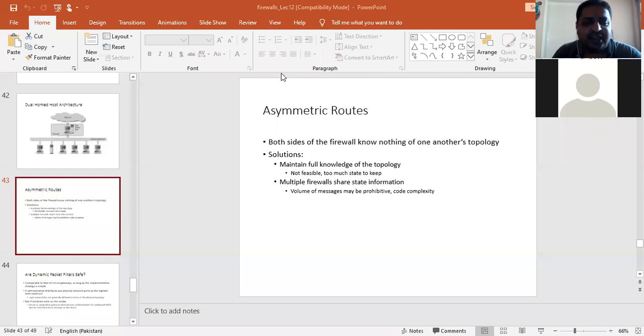So in this way, it can select the best route for the particular packet to send the data.